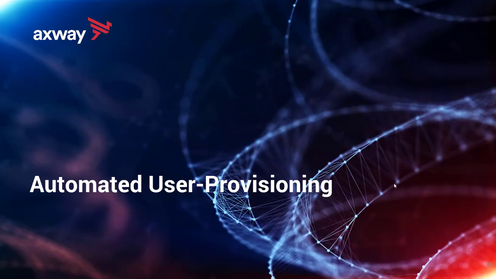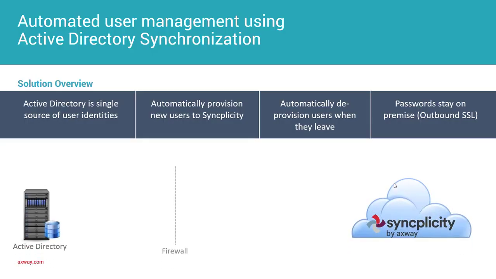We also have the ability to do automated user provisioning, which means that an automated process will provision and deprovision the users, and your Active Directory will now become the single source of user identities. The users are automatically provisioned in Syncplicity when they are added to the Active Directory or when they are in the correct groups.